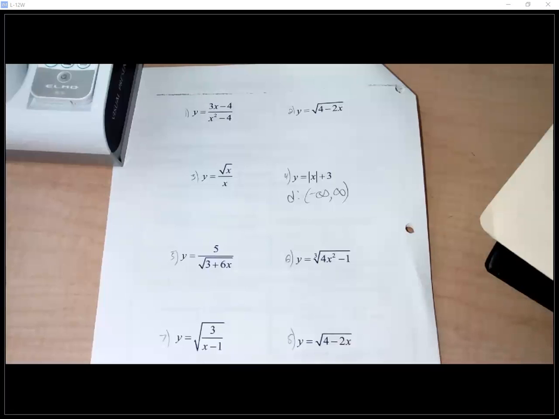We'll talk about those separately, but it is possible to have both issues. But 6 doesn't have either one. I'm not taking an even index radical, and I don't have a fraction with a variable in the denominator. So for 6, the domain would be all reals as well.